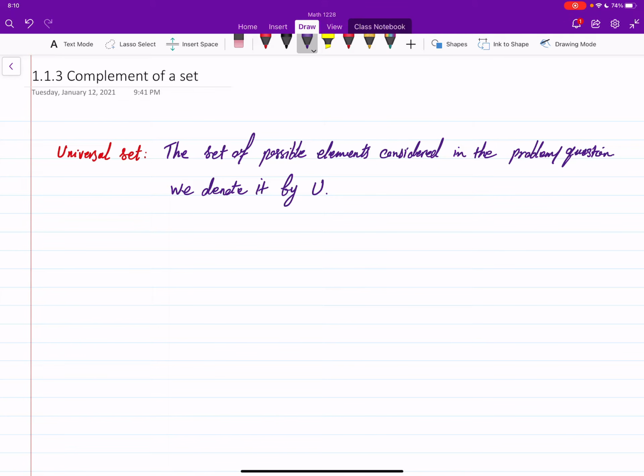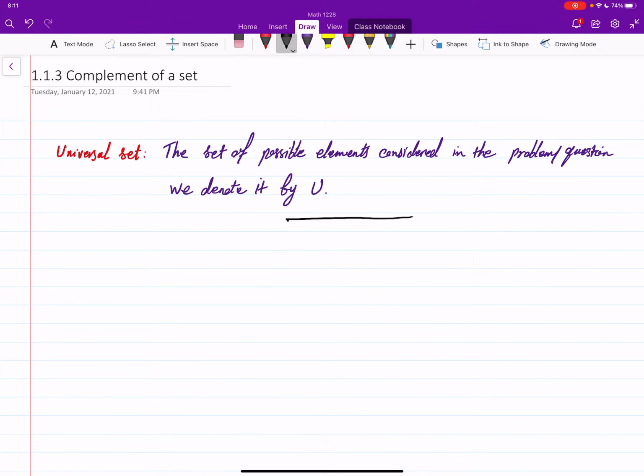But something that you have to know is that the universal set is going to be given explicitly, or it will be clear what is the universal set. And when it comes to the Venn diagrams, the box that we draw around our diagrams is basically the universal set. Meaning that I won't have any set to go outside of that box. That is not allowed. Everything must happen inside the universal set.